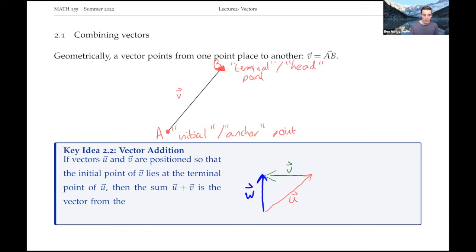So what that means is that we can describe u plus v as being the vector that goes from the initial point of u, so this point down here, and that goes to the terminal point of vector v.